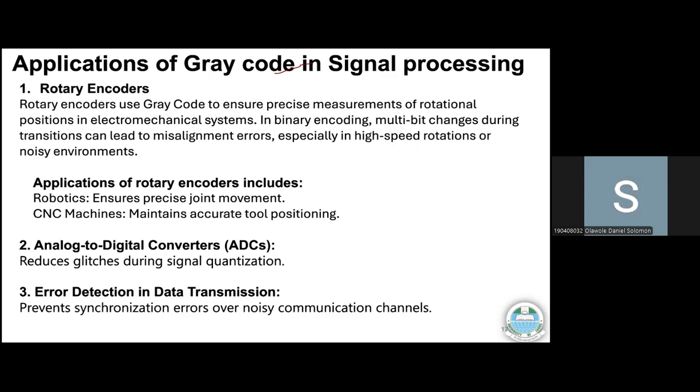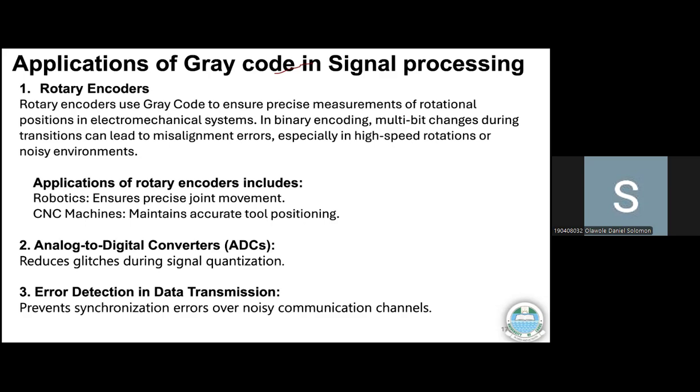We could use binary coding for rotary encoders, but it is better to use gray code, because with binary coding you could change different bits at a time, which means when the encoder is reading the values, sometimes a mistake will occur where it could read two different values wrongly, and that is going to be a very bad error.